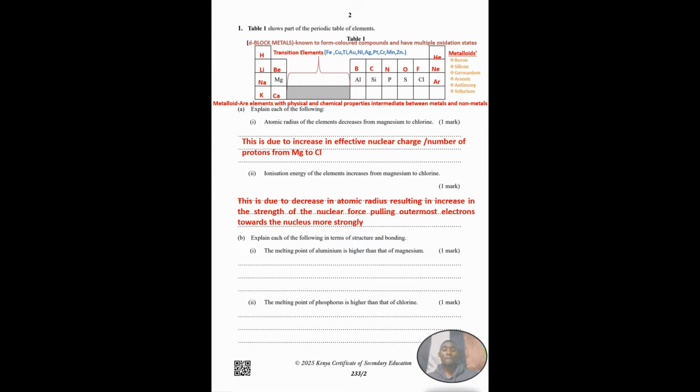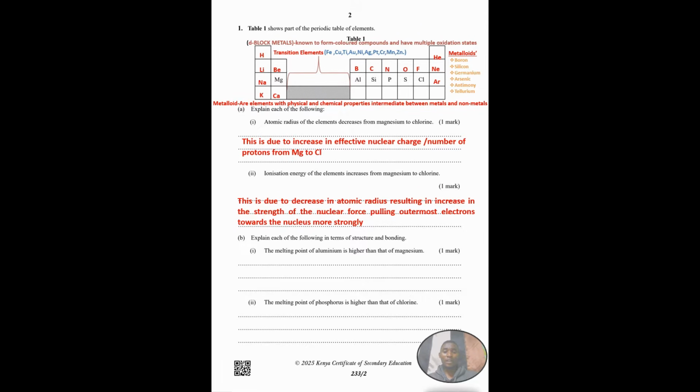Remember, magnesium and aluminium are all in the same period. Magnesium has an electron arrangement of 2,8,2 and aluminium 2,8,3. What brings the difference is the number of electrons in the outermost energy level, or what we call the delocalized electrons.